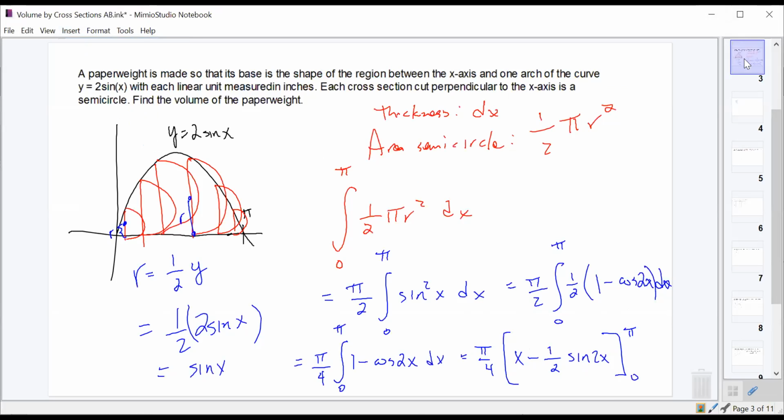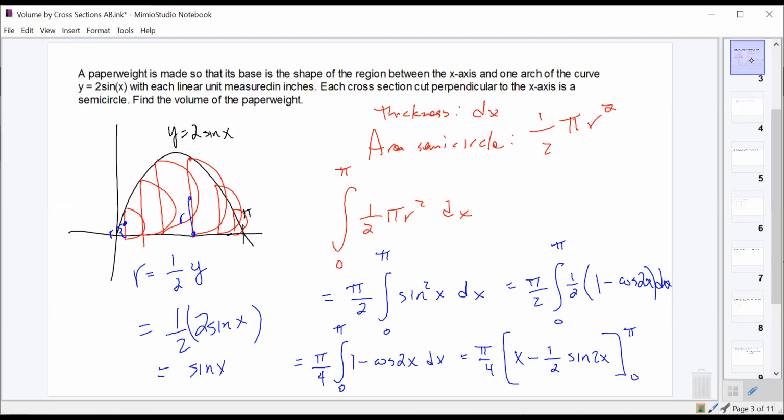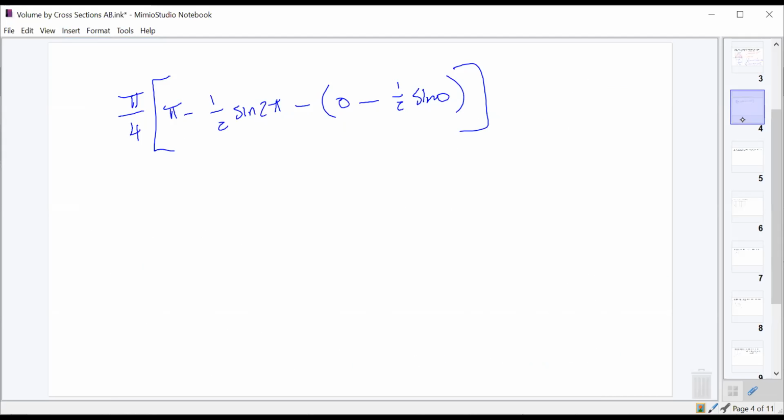So we got pi over 4, we got pi minus 1/2 the sine of 2 pi, and then minus 0 minus 1/2 the sine of 0. Yep, okay. Everybody agree with that?